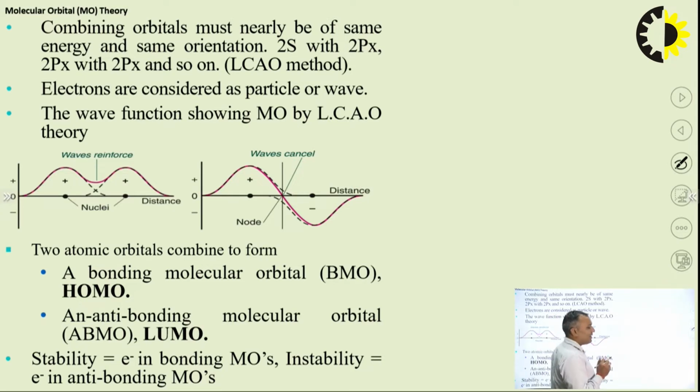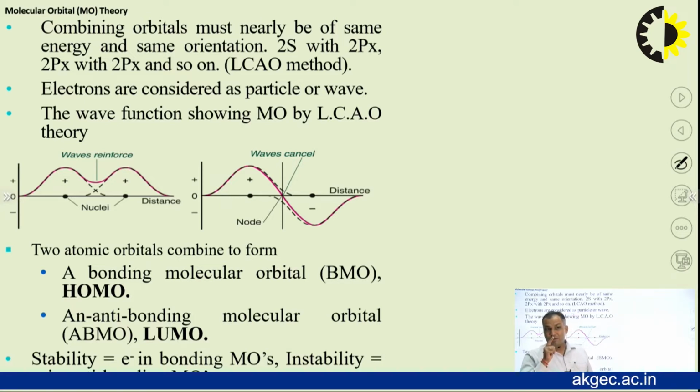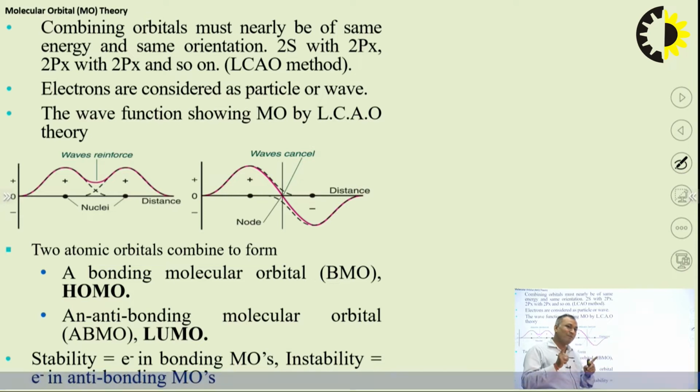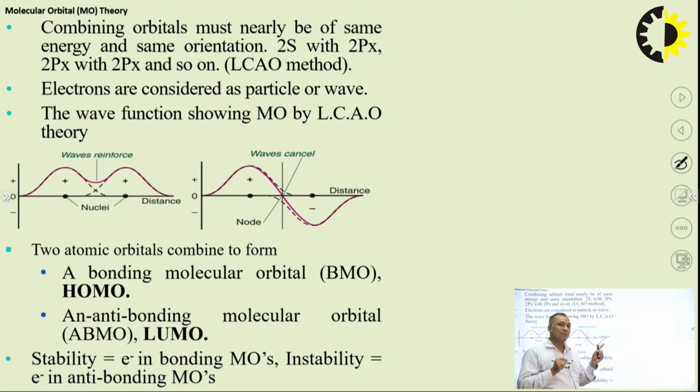These two energy levels have comparable energy and also the same orientation. The overlapping is possible only when the atomic orbitals have comparable energy as well as the same orientation, which can be explained by the LCAO method.